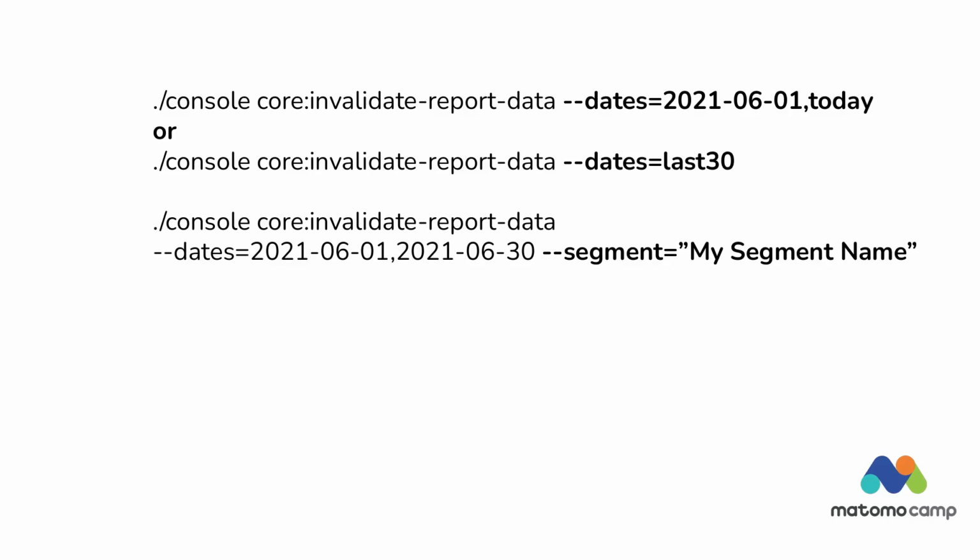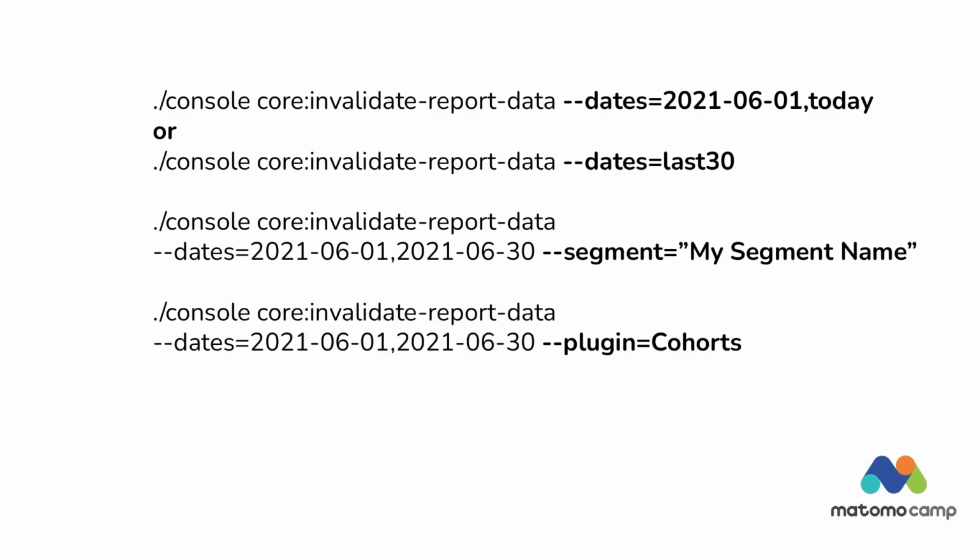You can combine a lot of these different options together to get some really specific date ranges or specific report data that you're looking for. As you can see in the example over here, we've just put the plain text name of our segment. And in the next one, you'll see that we can now also invalidate some very specific plugins.